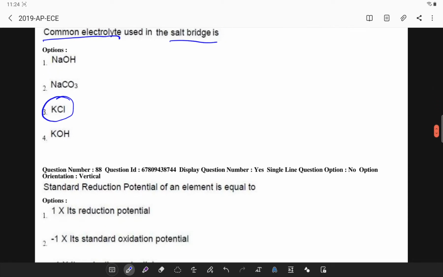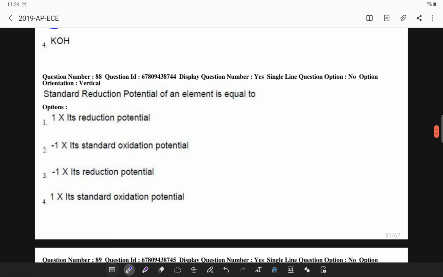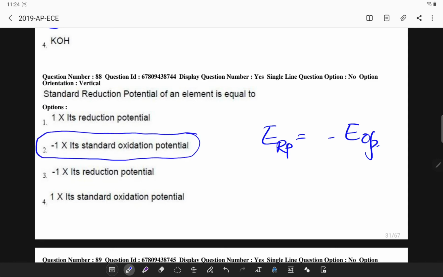Next, what is the standard reduction potential of an element equal to? You have to remember this equation. Here the oxidation potential is equal to the reduction potential multiplied by a negative sign.